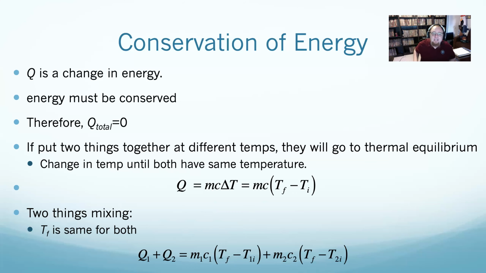In thermal equilibrium, if this is two things, Q1 plus Q2 must be 0. When you mix things, T final will be the same for both objects, but the total change in heat will always be 0. Any questions though?